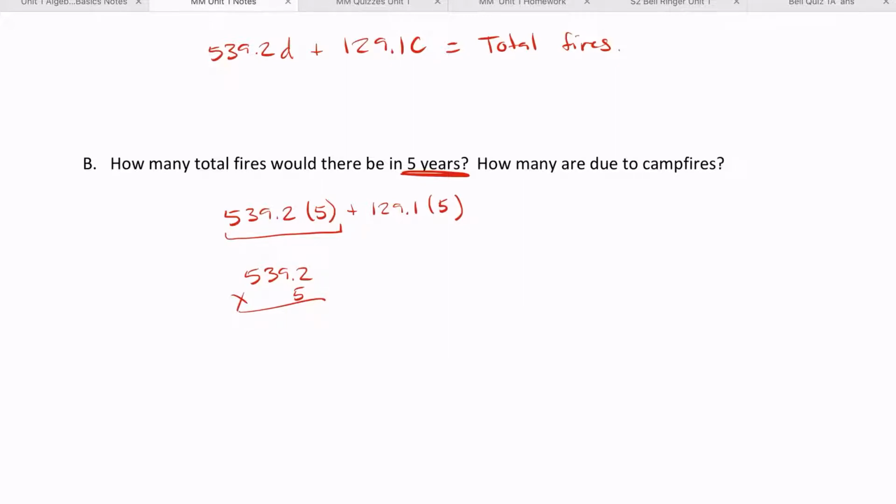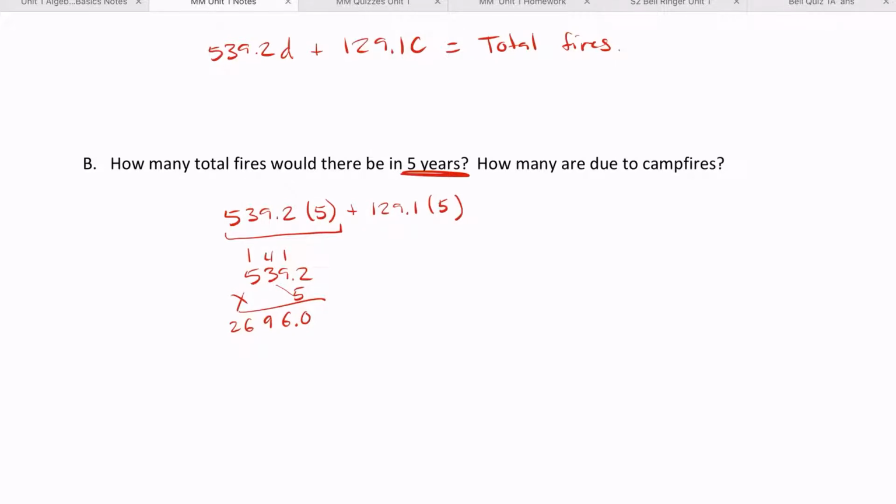5 times 2 is 10. 5 times 9 is 45, plus 1 is 46. Next we have 5 times 3 is 15. 15 plus 4 is 19. And then 5 times 5 is 25, plus 1 is 26.